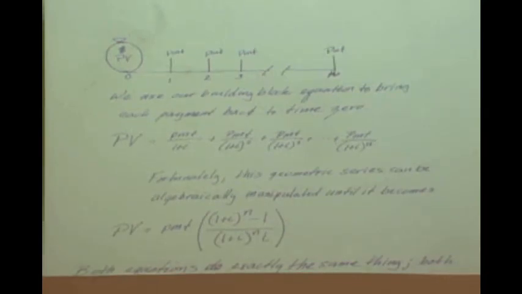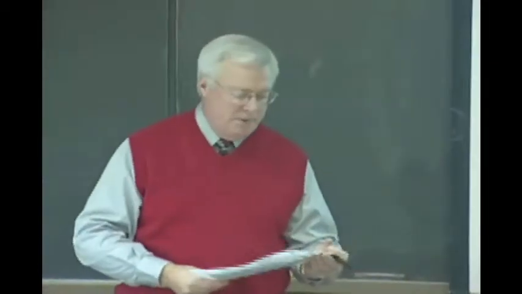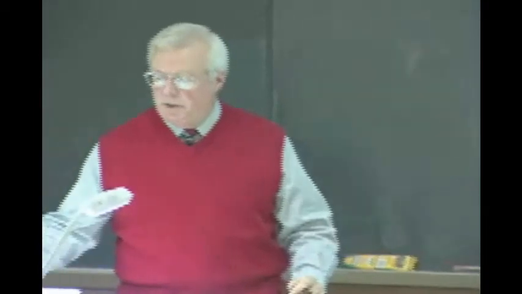Now, I could show you the algebraic manipulations that are involved to do this, but I don't think we really have time for that. So I would refer you to a section of your primer, one of the appendices, that talks about geometric series and closed form equations.